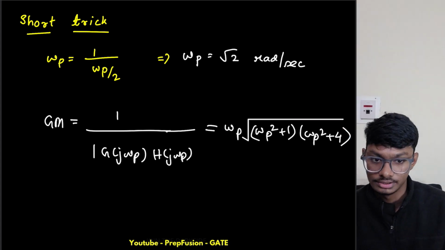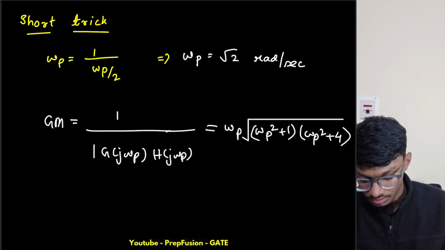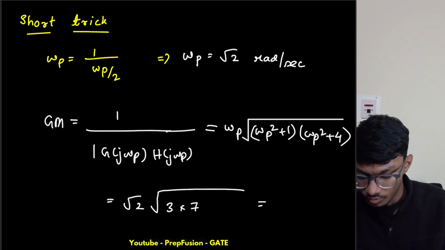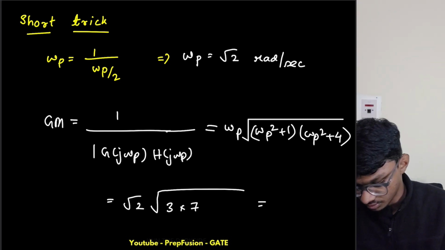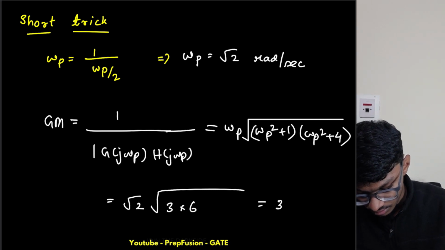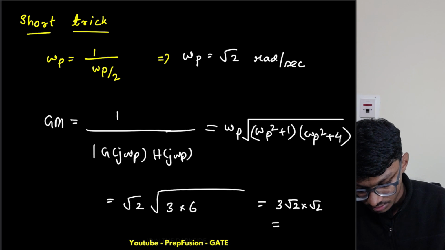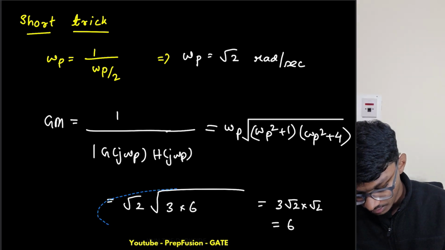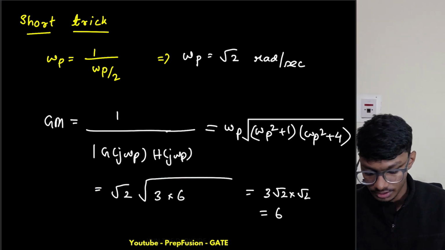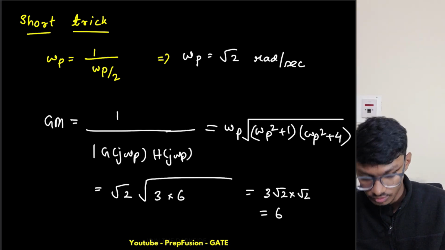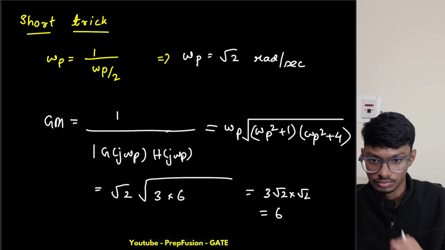Now let's put omega p equals under root 2: under root 2 into under root 3 times 6, which is 3 under root 2 into under root 2, which is 6 itself. So my gain margin is 6 in absolute value. In dB it will be 20 log 6, and you can find that out to get your gain margin.